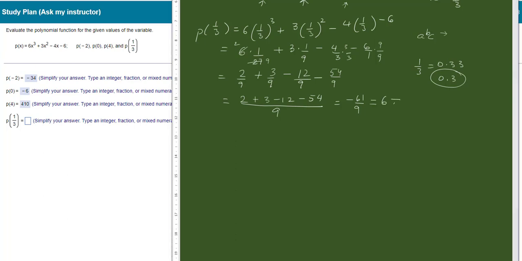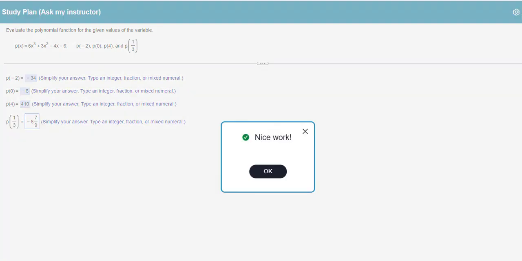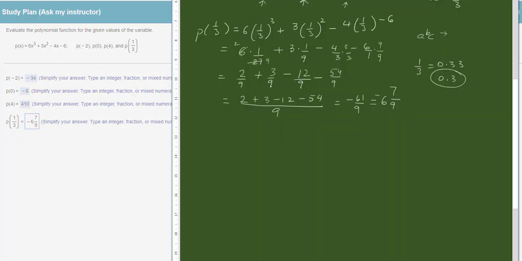And what would be the remainder? 9 times 6 is 54. 61 minus 54, what do we get? 7/9, and we still have it negative. So let's try this answer. Negative 6 and 7/9. Check answer, and we are good.